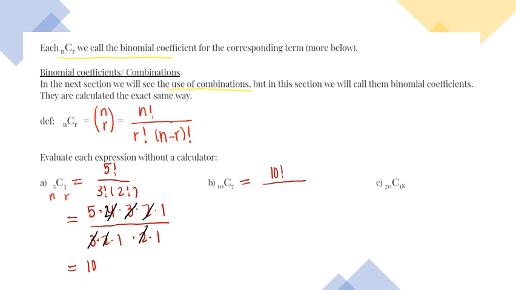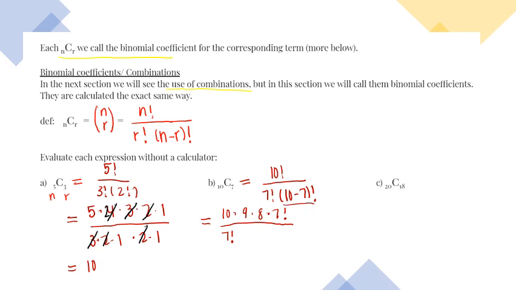10 factorial over 7 factorial and then 10 minus 7 factorial, which is 3 factorial. Okay, so we could expand this: 10 times 9 times 8 times 7. Going back to our previous sections, remember I left that factorial at the end. I'm going to do that again because notice I have 7 factorial on the bottom.